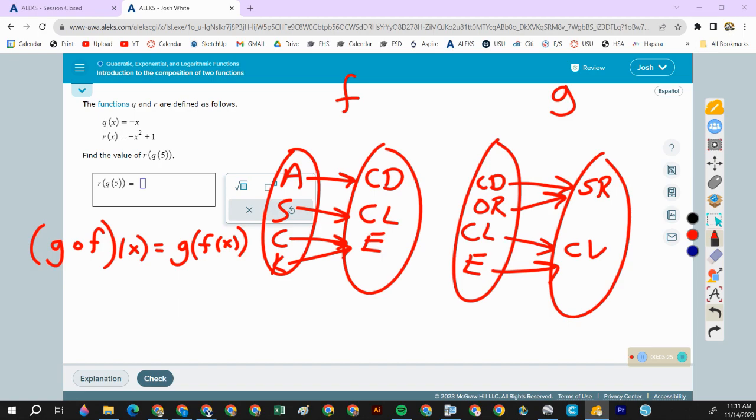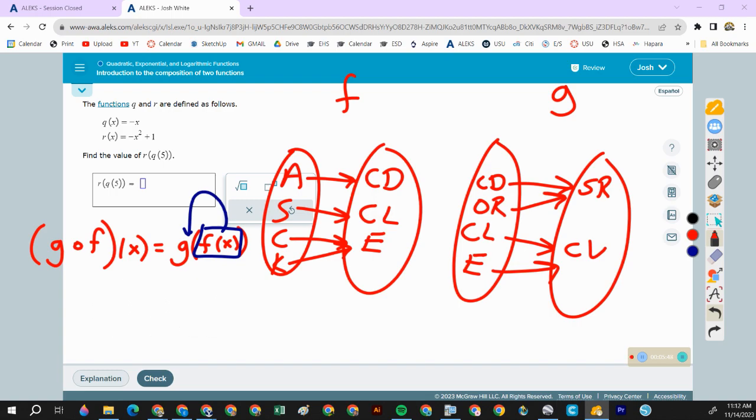So what does that mean? Well, I want to write the g function, but how am I going to write the g function? In terms of the f function. So I'm going to stick the f function inside the g function.